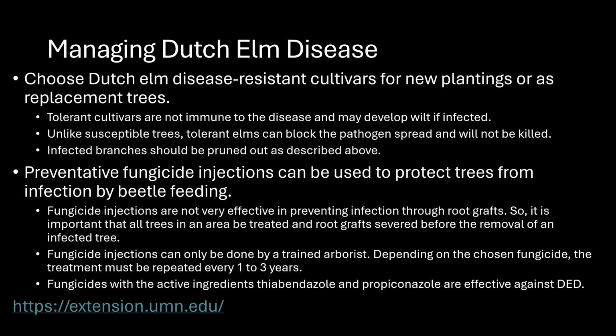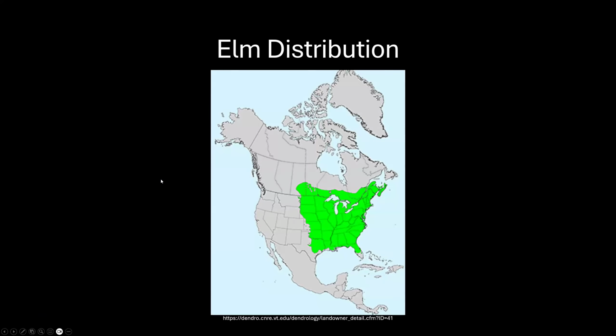So that is, in a nutshell, an explanation of this disease and some management options for it. Let me close here. This is the general elm distribution across the US.